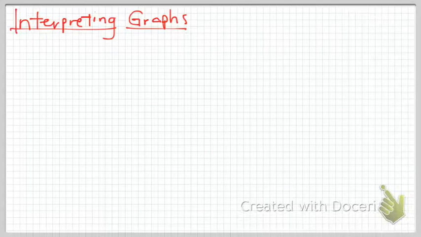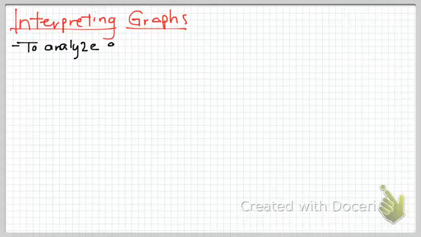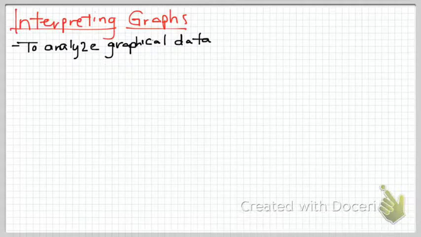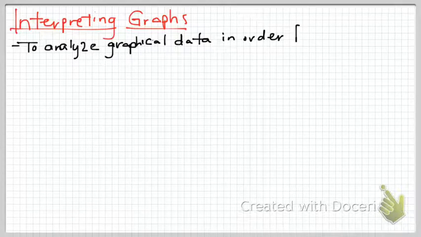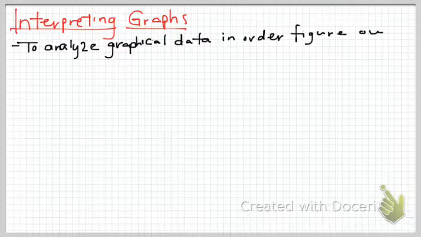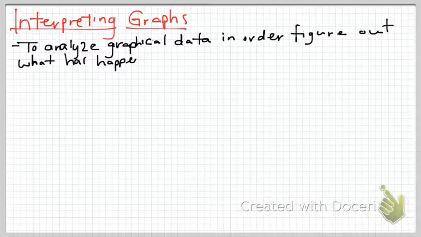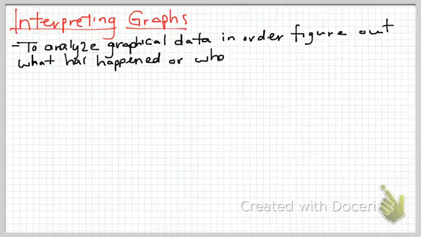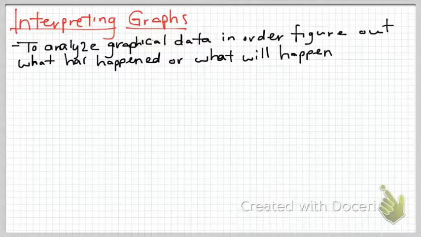So if we give a definition to interpreting graphs, it would be to analyze graphical data in order to figure out what has happened or what will happen. So that's basically the gist of interpreting graphs.